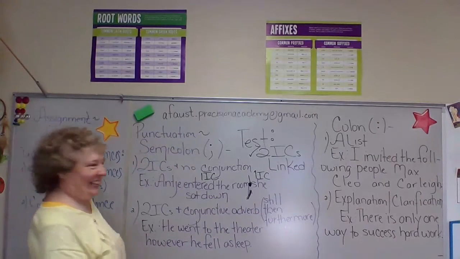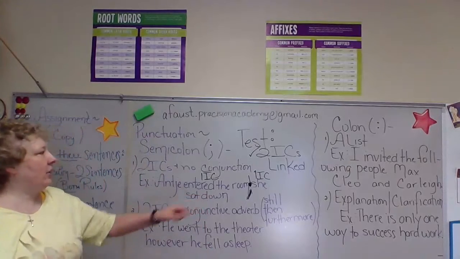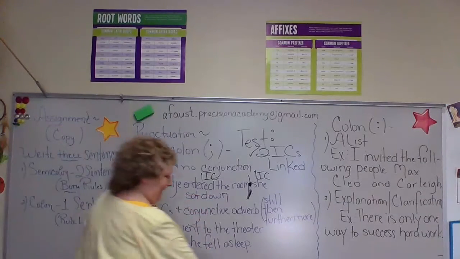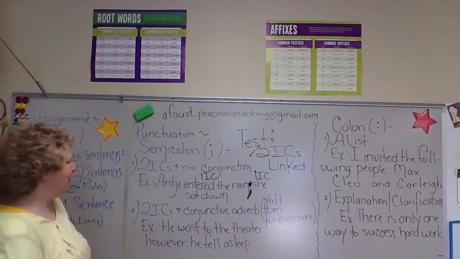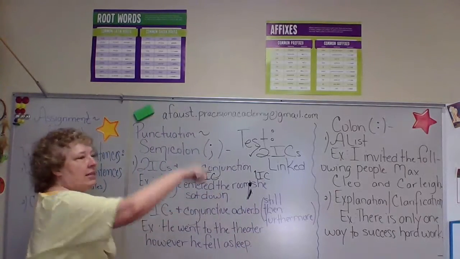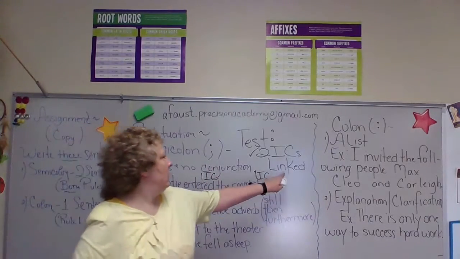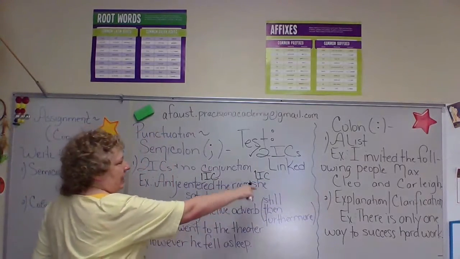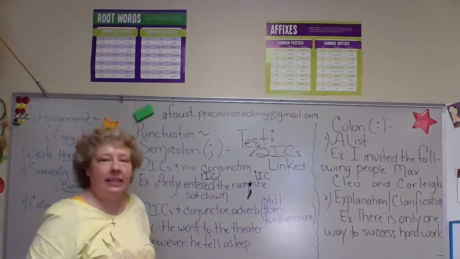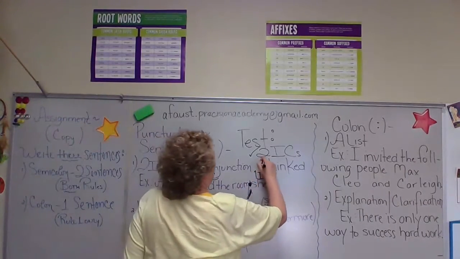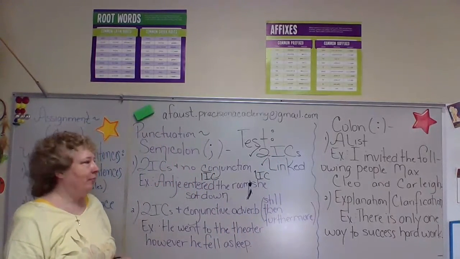So there's your semicolon. Antje entered the room, semicolon, she sat down. Now, is this linked to that? She sat down. Does that link to entering the room? Yes. So guess what? There you go. It passed. Both parts.